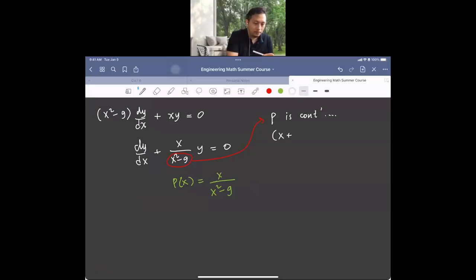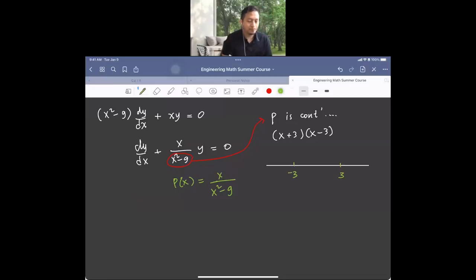If we factor out, we need to find where this should be greater than 0. So we find it's plus 9, so this is negative 3 and 3.